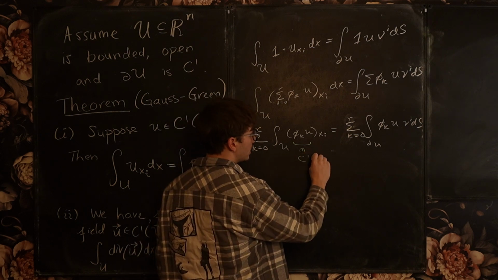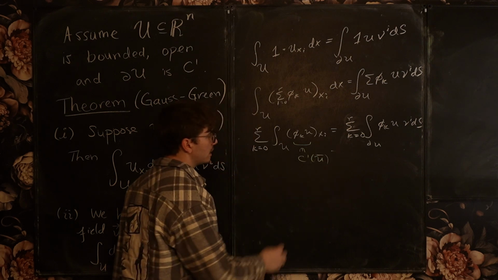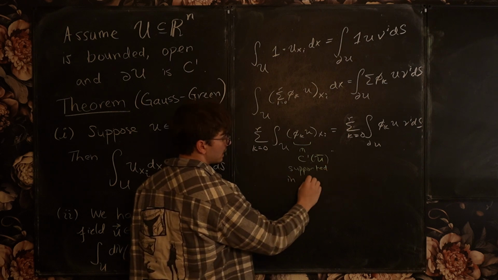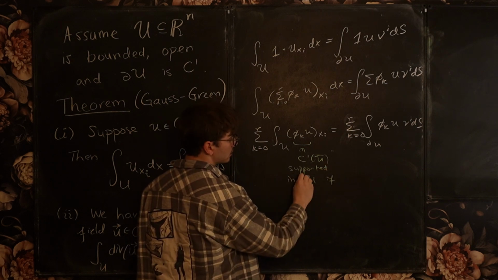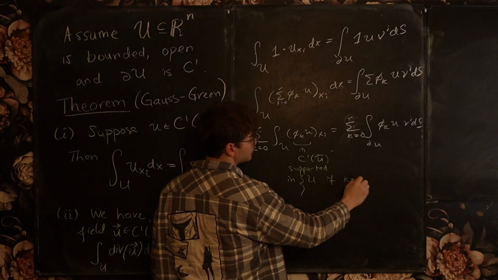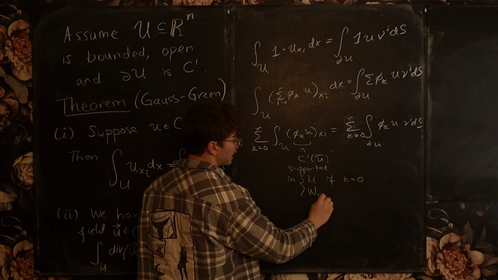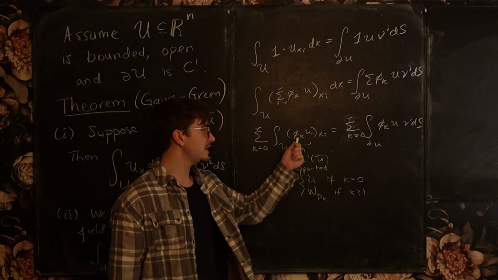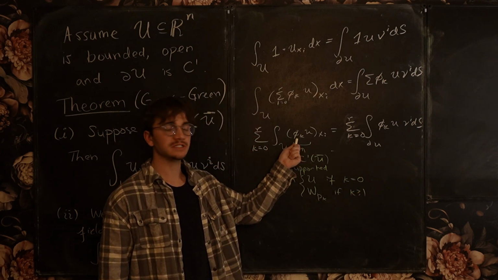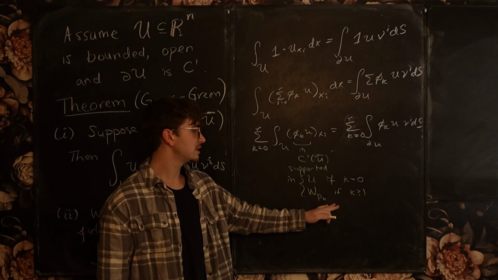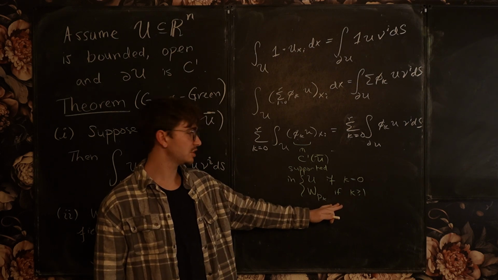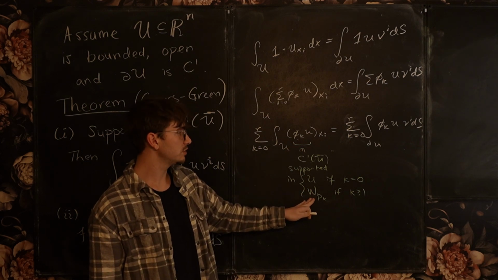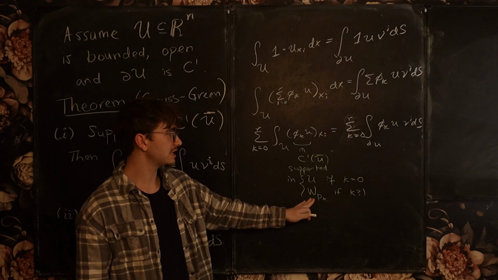So this is a C1 of u bar, let's say, but it's supported in either u if k is equal to 0, or our W_k's if k is greater than or equal to 1, okay? That's because the phi k, the bump function, is 0 outside of these sets, and so this function is only non-zero inside of these respective sets here.